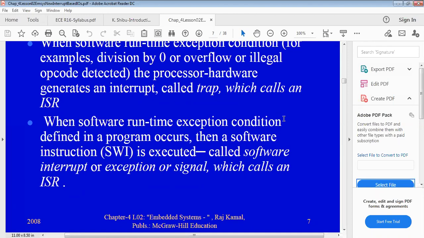When a software runtime exception condition is defined in a program, then a software instruction is executed, called a software interrupt or exception or signal, which again calls an ISR. In both cases, hardware interrupt and software interrupt, they call the ISR and perform the actions to be done on the occurrence of that interrupt.